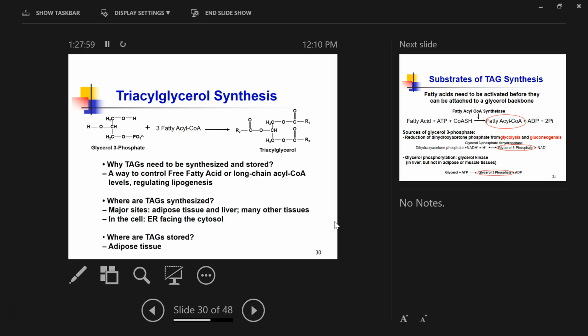Why do triglycerides need to be synthesized or stored? Why do we need to synthesize triglyceride? Yeah, for energy, right? Of course, but why don't we just store the fatty acids and not the triglyceride? Okay, because fatty acid is kind of active, right?